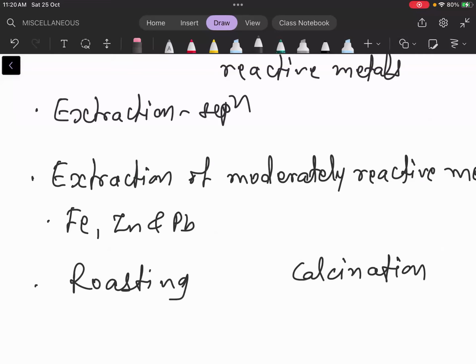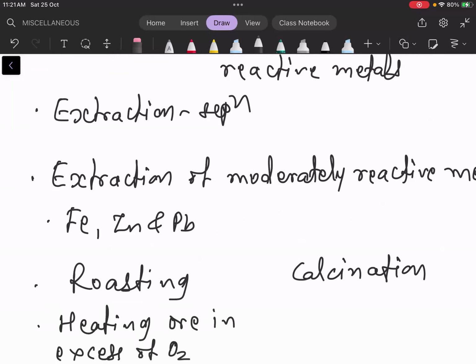What is roasting? Heating of ore in excess of air, or in excess of oxygen, is called roasting. And what is calcination?